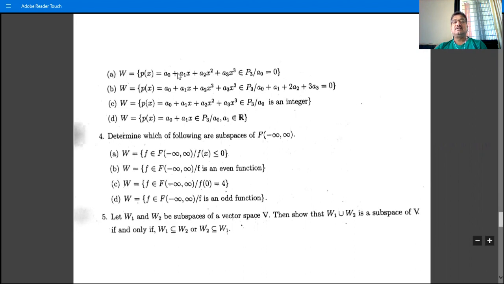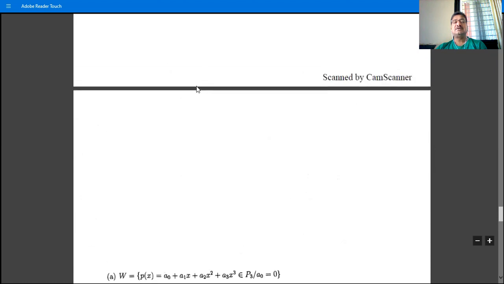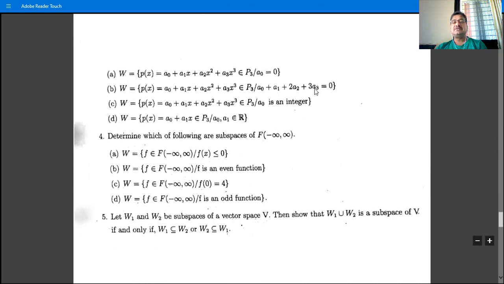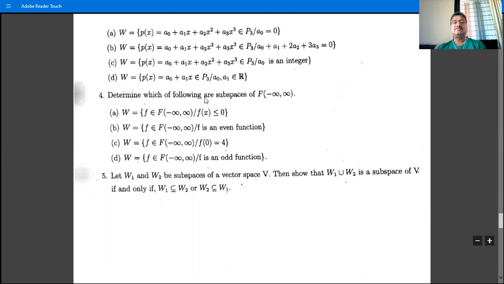So this is closed for addition and scalar multiplication, so W is a subspace. Some of them are not subspaces. Another one: a0 is an integer. This is not a subspace, because if you take the scalar as 1/2 and an element of W, then a0 becomes a non-integer, and therefore it is not a subspace. So these are the examples on P3.